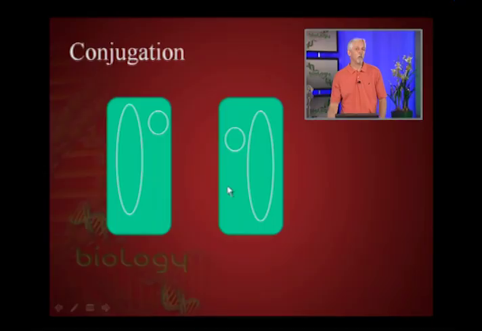In the past, we thought that these prokaryotes had to be closely related to conjugate with one another, but we now realize that very unrelated types of bacteria can conjugate. So this is one of the places where common genes don't necessarily tell us about the vertical flow, from parent to offspring. What we also have is what we call horizontal flow of genetic material between unrelated organisms.